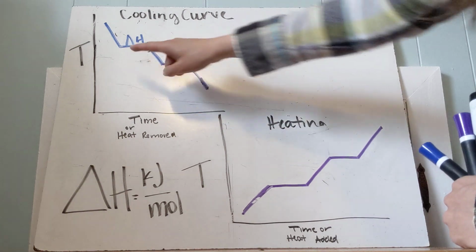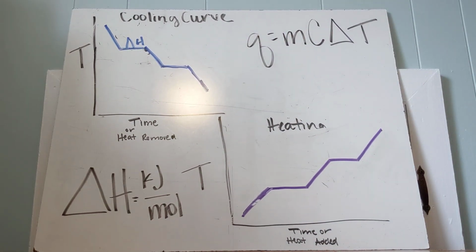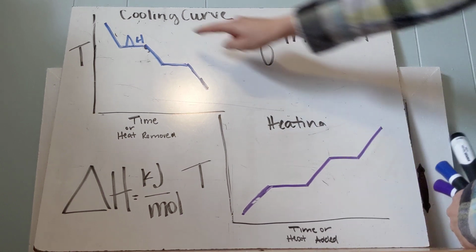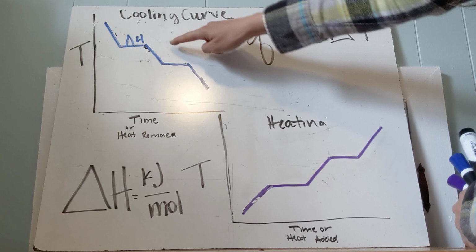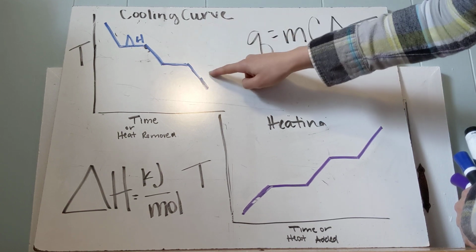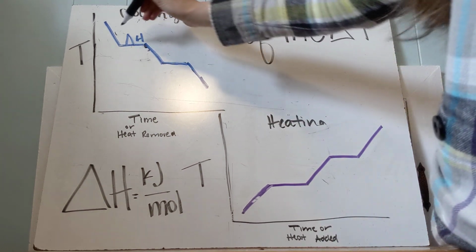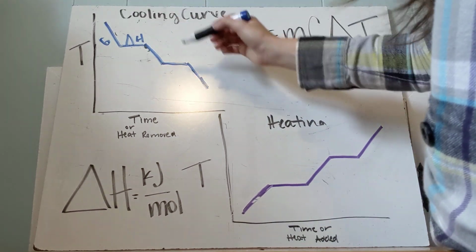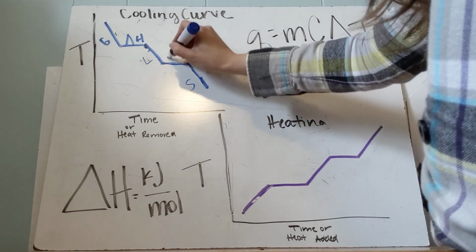So this would be exothermic, putting things back together. So both condensation and what we have right here, from liquid to solid, and I'll label those. Gas to liquid to solid.